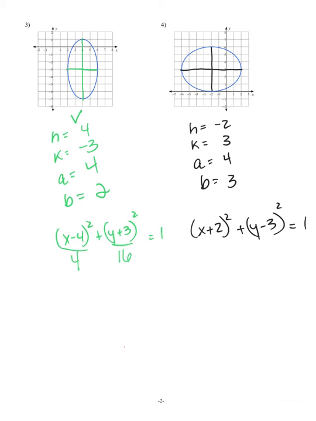Notice I'm writing out the parentheses first, and then I'm deciding where the A and the B goes to make myself think, because I get messed up with these sometimes too. So this is horizontal, so the big guy, 4 squared, goes under here, and the little guy goes under here, 9, which is 3 squared.